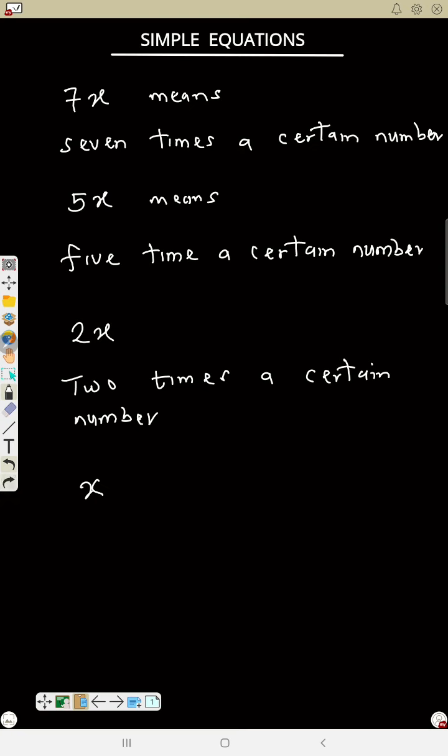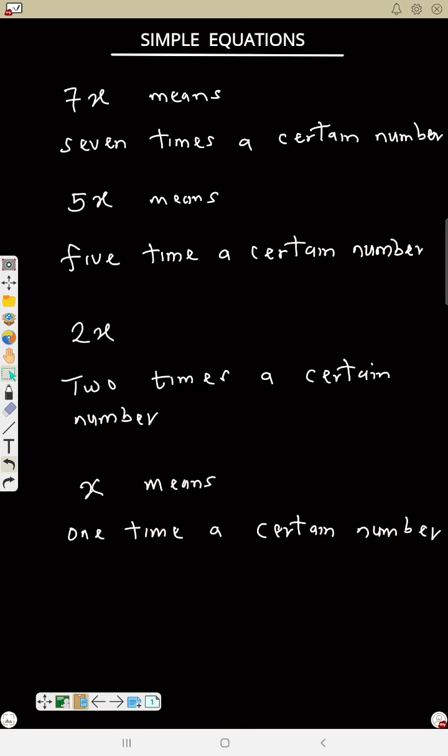So if it is an ordinary number, we have 2 here, we have 5 here, we have 7 here, but here we don't have anything. So if you don't have anything there, put 1. So this is like saying x means 1 times a certain number, like that.